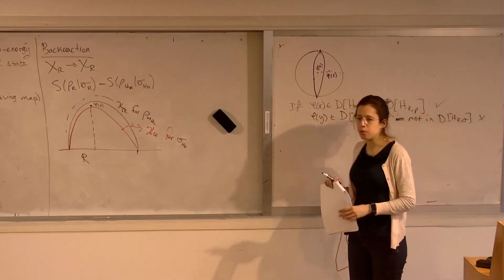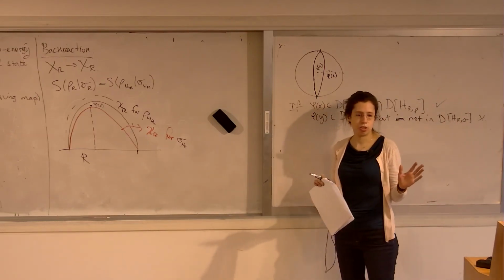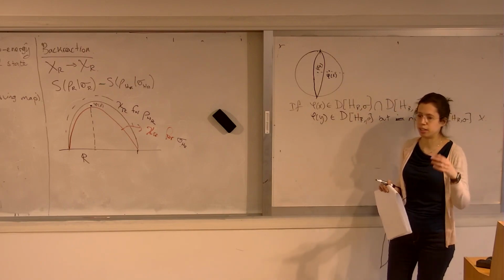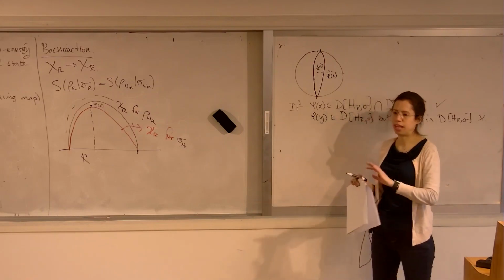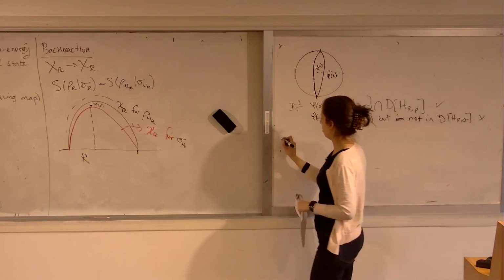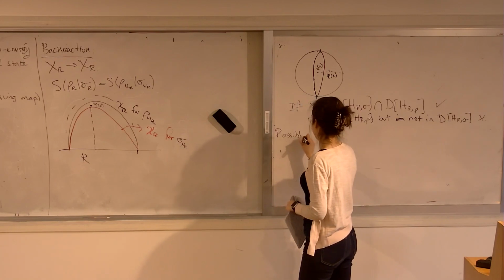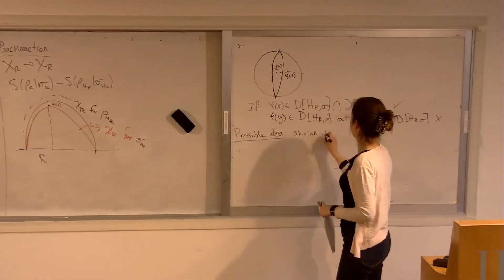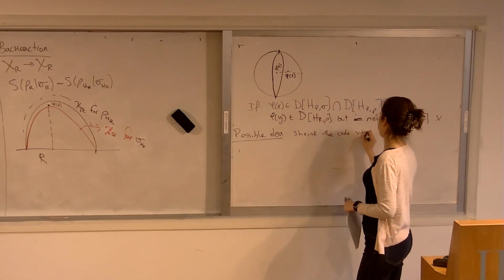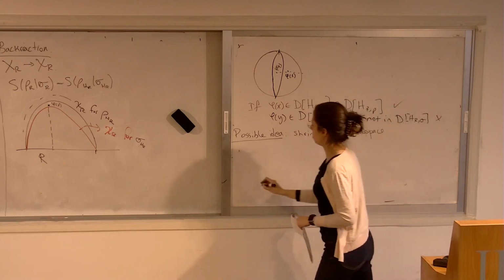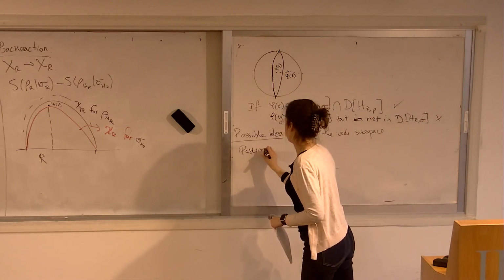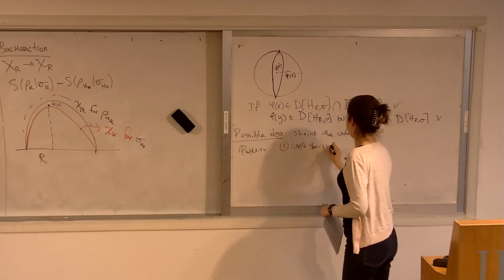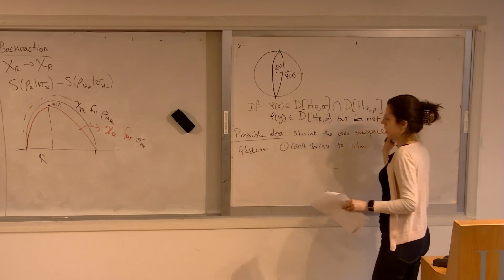We could do that, but first of all, we can't shrink the code subspace to zero size, to be one-dimensional, because then we can't act with operators. So that's not going to be a solution.